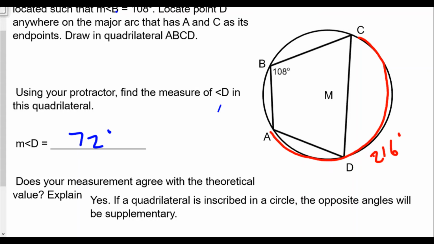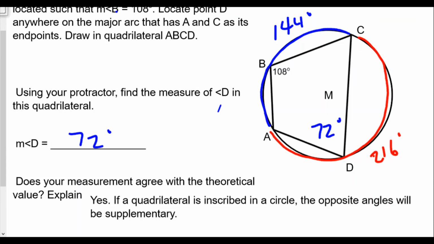Therefore, the leftover arc ABC is 360 minus 216, and that would be 144. And so angle D, being an inscribed angle, is half of that, so it should be 72 degrees.